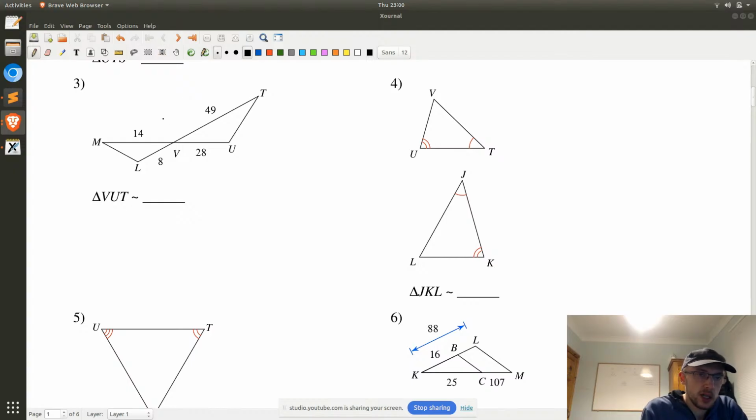Now, what about these triangles? Well, yes, they are by a 4:7 ratio, and thus the triangle UT is similar to triangle VLM. But how do I know?